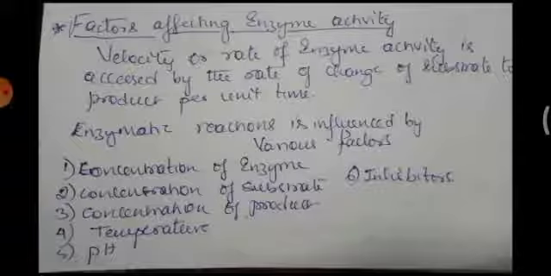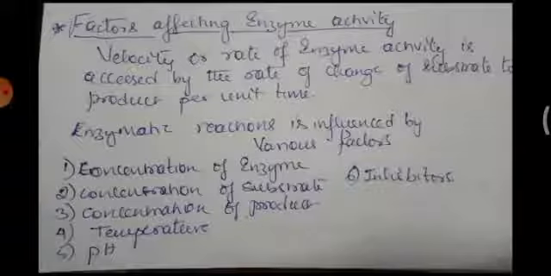This conversion is influenced by several factors like concentration of enzyme, concentration of substrate, concentration of product, temperature, pH, and the presence of inhibitors. These factors can influence the enzyme activity in a positive or negative manner. That means either they can enhance or decrease the enzyme activity.